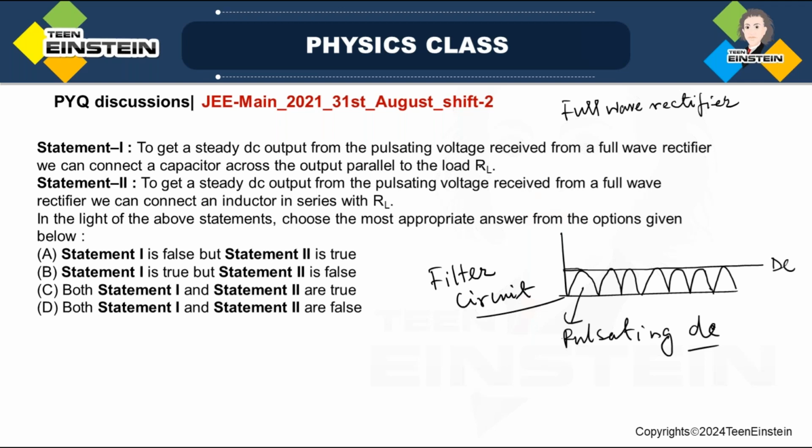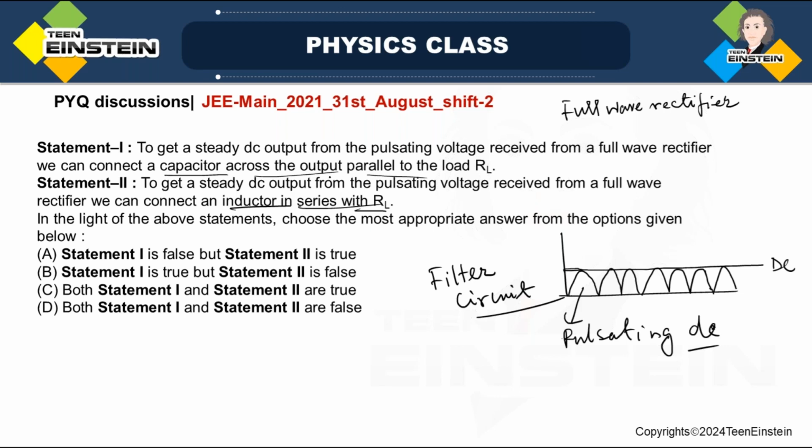So statement 1 is saying that you have to use a capacitor to get steady DC value from the pulsating output, and you connect the capacitor parallel to the load resistor. In the second case, it is said that you have to use an inductor, and that inductor you connect with the load resistor in series. Actually both the statements are true.